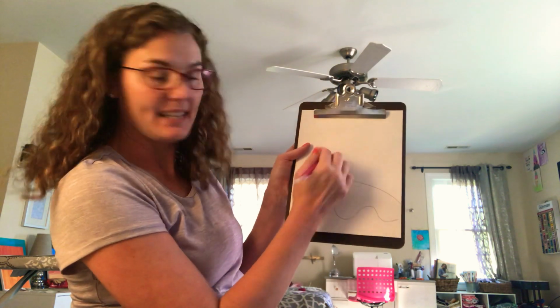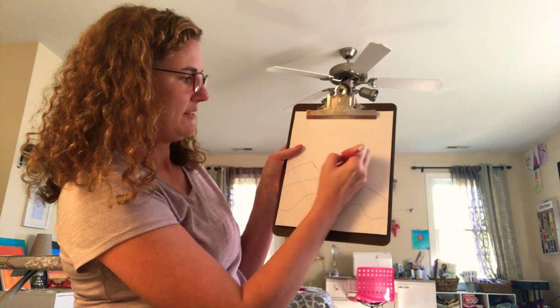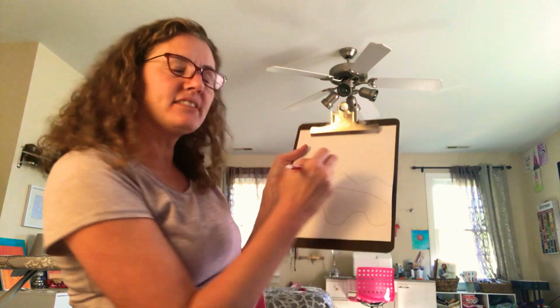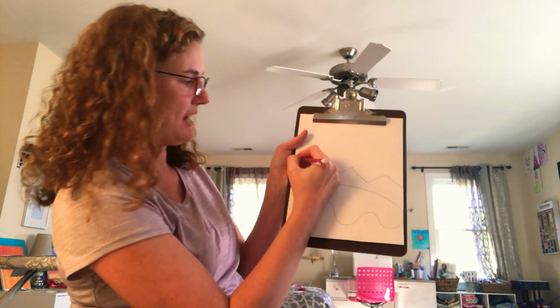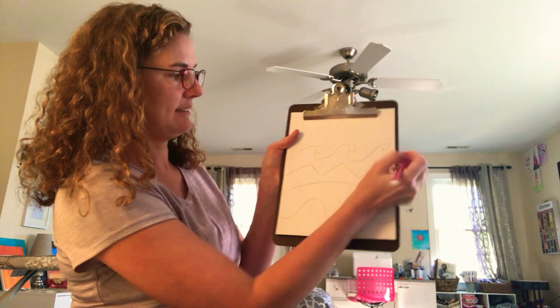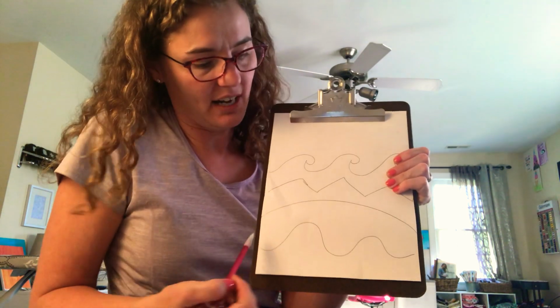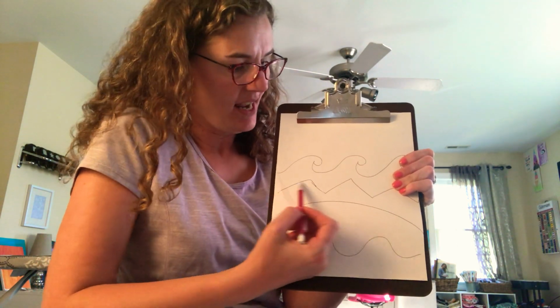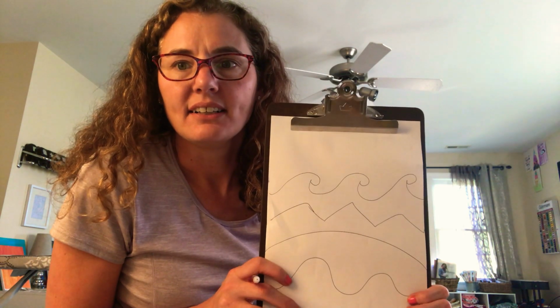Let's do a zigzag line. That's a rough wave right here. Whoop, I broke my pencil. Hold on. That's a rough wave. And then let's do a spirally type line for this top wave. You ready? Whoa, look at that. How's that? So this is all my ocean. I've got a wavy line, a curved line, a zigzag line, and then a line here.